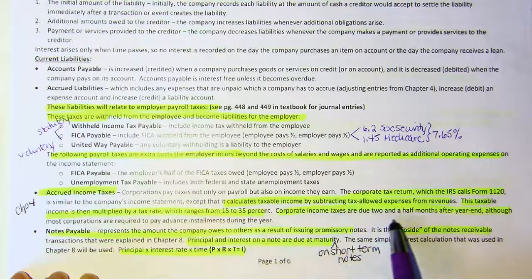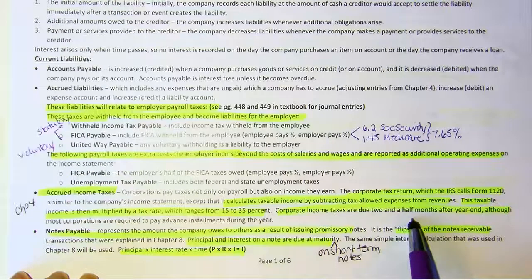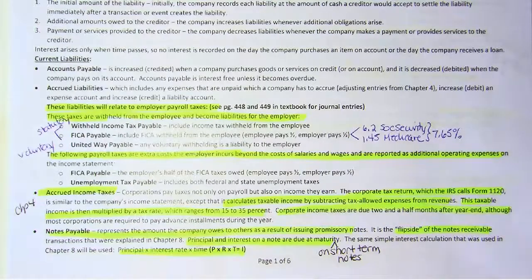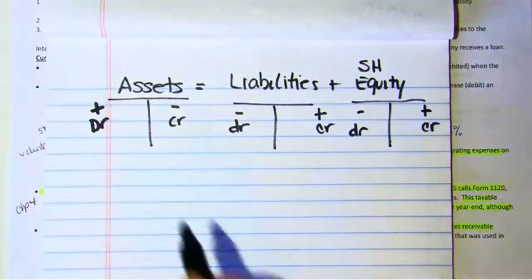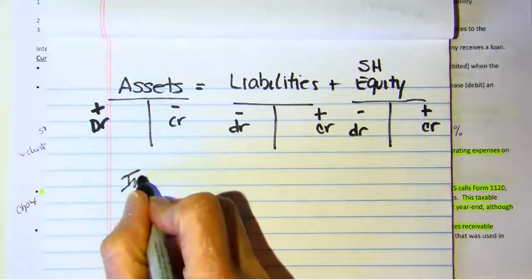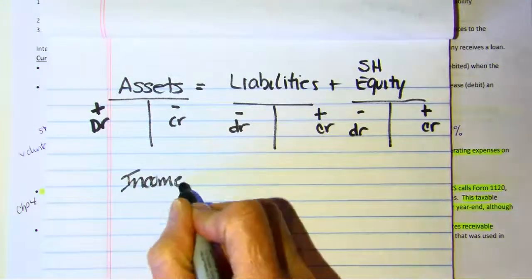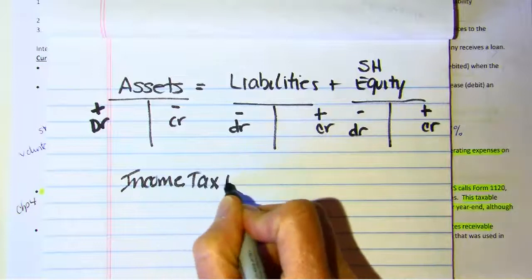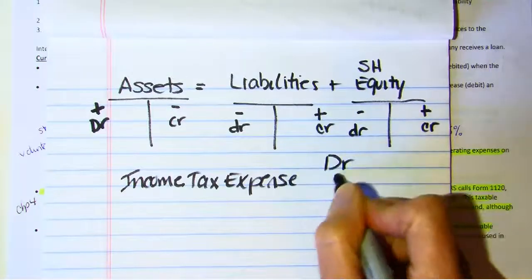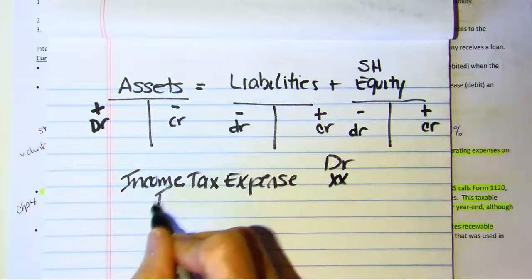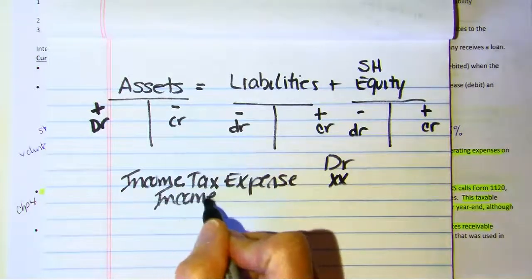Corporate income taxes are due 2.5 months after the end of the year, although most corporations are required to pay taxes in advance installments during the year. And if you remember, our journal entry to accrue income tax is a debit to income tax expense and a credit to income tax payable.